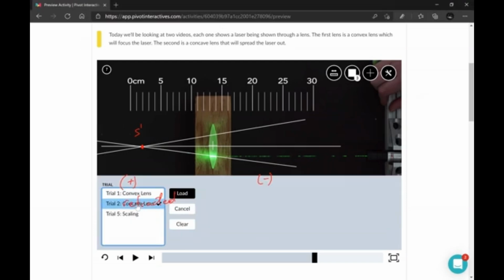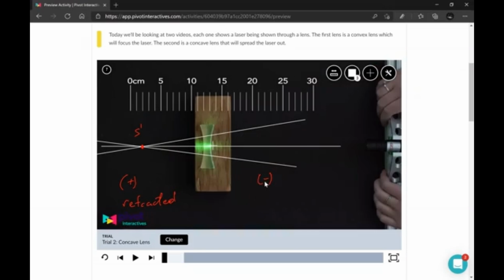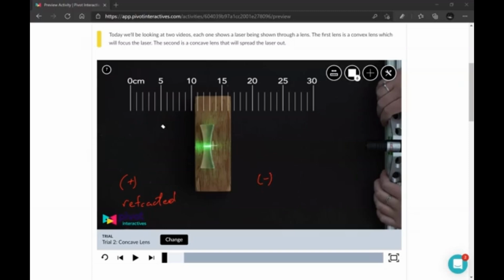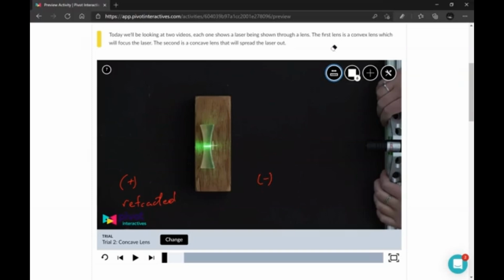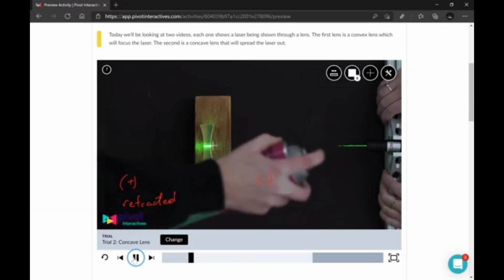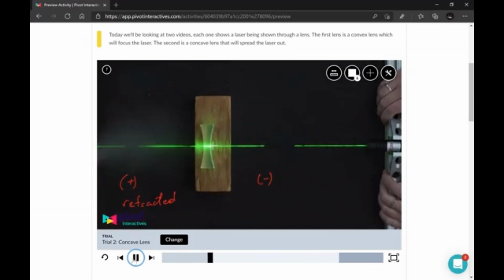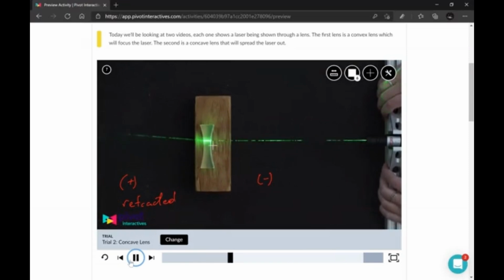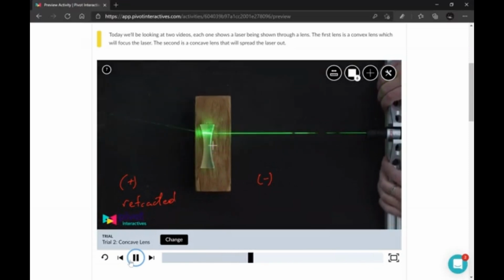All right, then we go to concave, and let me get rid of those. So we now get a different shape for the lens. Again, the video will show how the light interacts with the concave lens. And you can see how it diverges away.